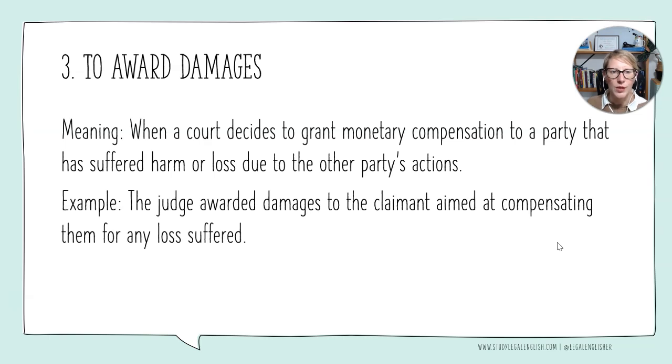Okay. So an example sentence is, the judge awarded damages to the claimant aimed at compensating them for any loss suffered. So pay attention here, because some students of mine have been saying, my client was sentenced to damages, or my client was sentenced to pay damages. It's not correct. We only use the verb to sentence when we are working in criminal law.